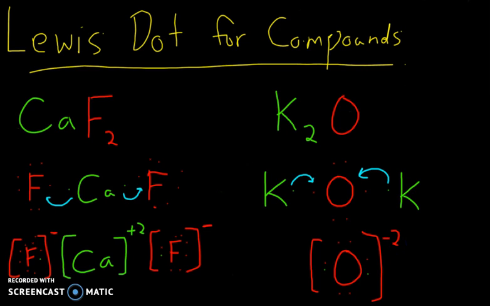And then we're going to draw each of our potassiums. This K lost its electron, so it now has a +1 charge. And then we have another potassium over here that lost its electron and has a +1 charge. So we've got 2 potassiums, each with +1. That makes a total of +2. The oxygen has a -2, so we've got a neutral compound. So that's how you draw your Lewis dot structures for ionic compounds.